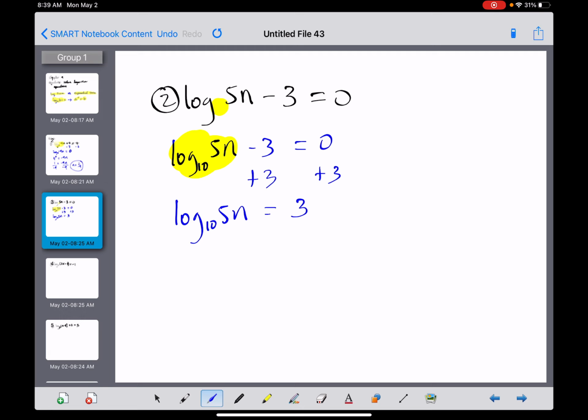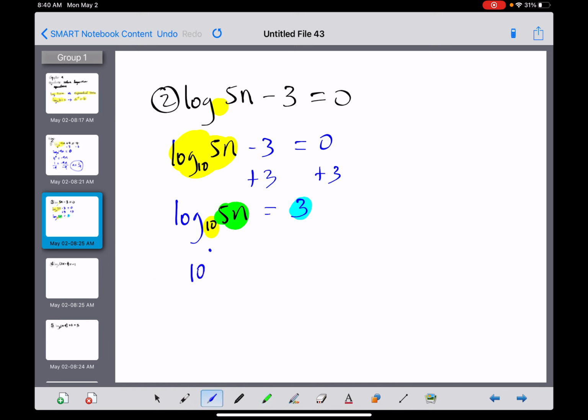Then since the log is by itself, the next step is always exponential form. So exponential form is going to be 10 to the third power equal to 5n, okay?